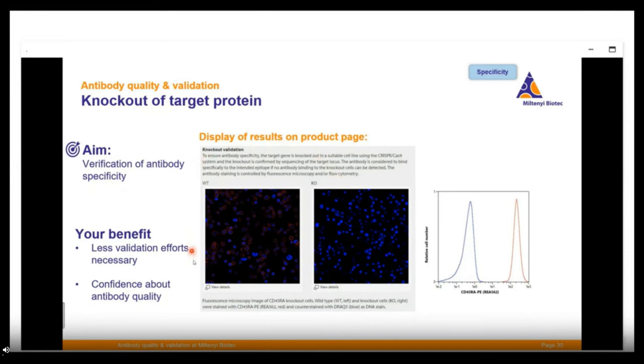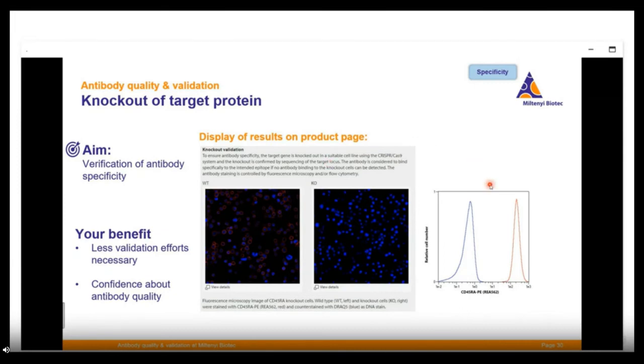This first data set that you can see here is coming from a microscope, and you can see that in a wild type cell line, the target antigen is present, so the antibody is showing very nice staining here in red, and in a knockout cell, this is completely gone. This means that our antibody was highly specific for this target antigen.